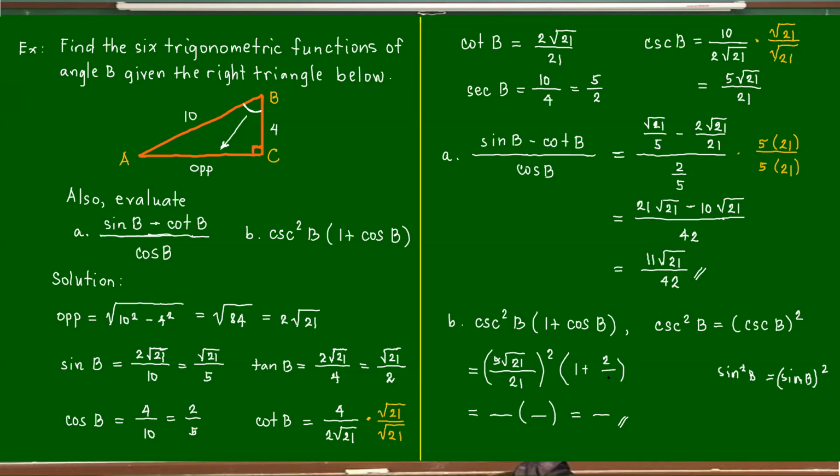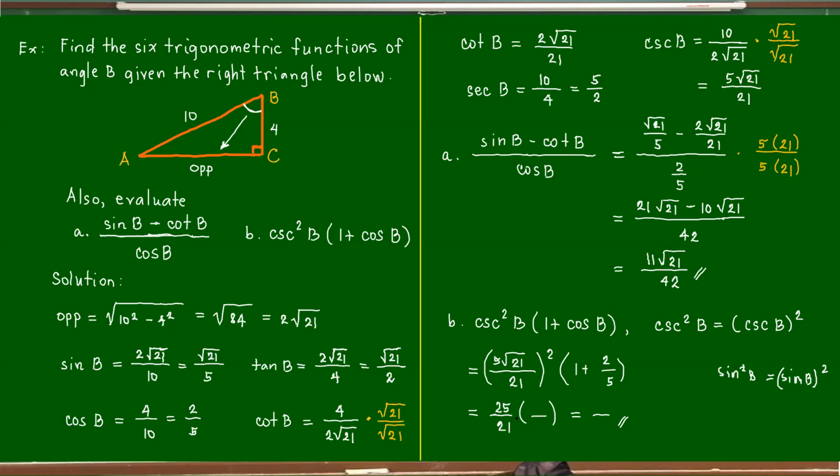So that is 2 over 5. So squaring this first factor, we have 5 times 5, that is 25 over 21. Is that correct?